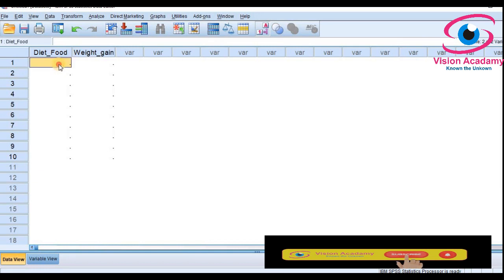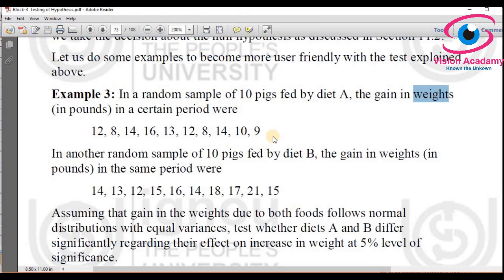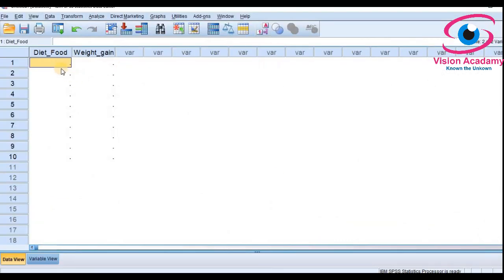Before entering values here for types of diet food, there are 10 of diet A food and 10 of diet B food. We have to enter that first. So diet A is 10 entries: 1, 2, 3, 4, 5, 6, 7, 8, 9, 10.